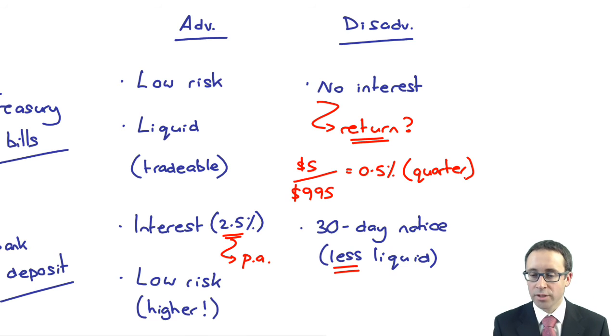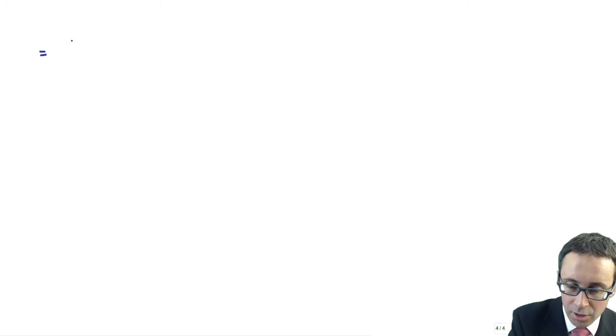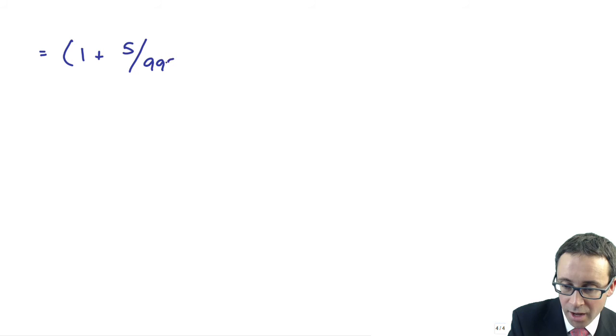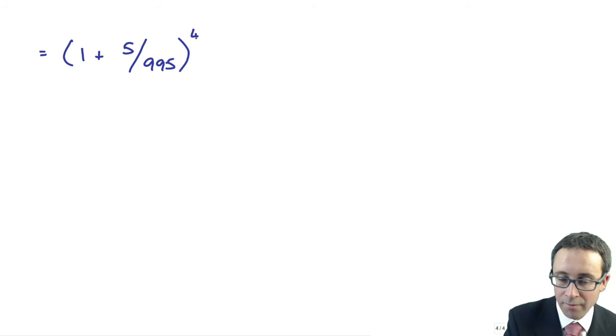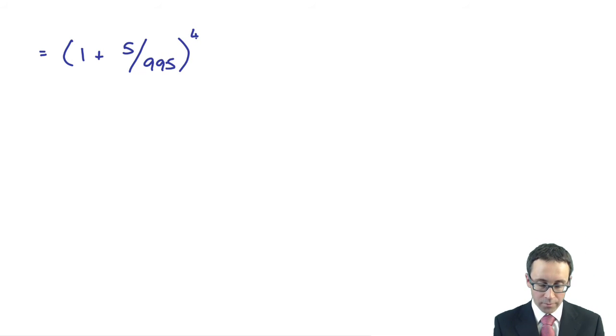Okay, so in order to go through there and work it out on an annual basis, you would need to do 1 plus the 5 over the 995 and raise it to the power of 4.